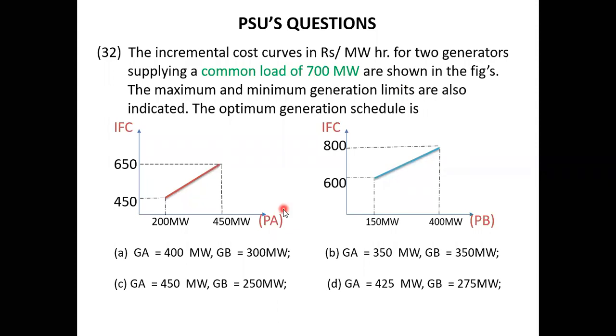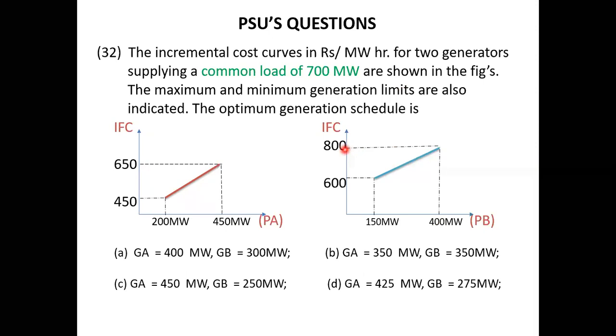So the most important point is when you are considering generator A, in order to generate 450 megawatts, we need to spend 650 rupees per megawatt hour for generator A. Similarly, come to generator B. Here, if you want to produce 400 megawatts, you need to spend 800 rupees per megawatt hour.